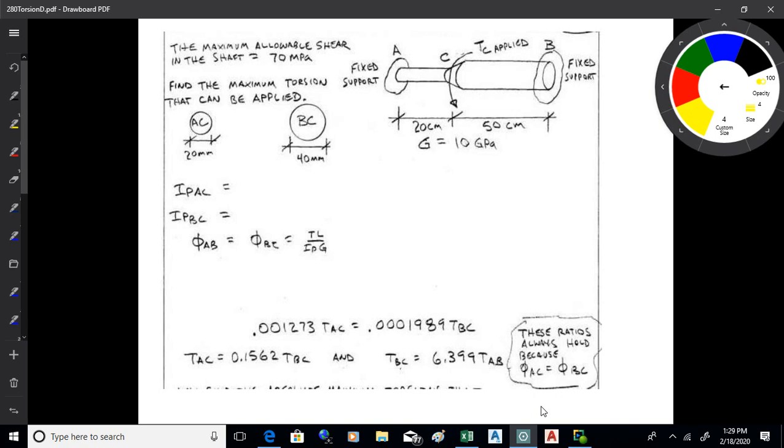So it's a pretty simple calculation, just pi over 2 R to the fourth, right? I mean, it's on the formula sheet, solid shafts, no big deal there. You often end up using the scientific notation on your calculator because it's such a small number for metric. Now for English, metric you use in meters, so it ends up being a small number. In English, usually you use inches, so it doesn't.